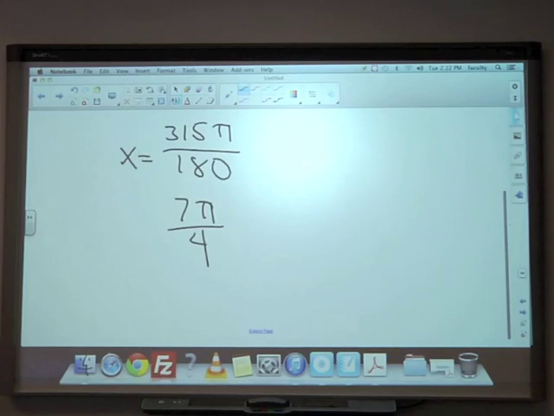So, given an angle in degrees, you ought to be able to convert it into the corresponding radian measure, which means that also, given an angle in radians, you ought to be able to convert it into degrees, right?